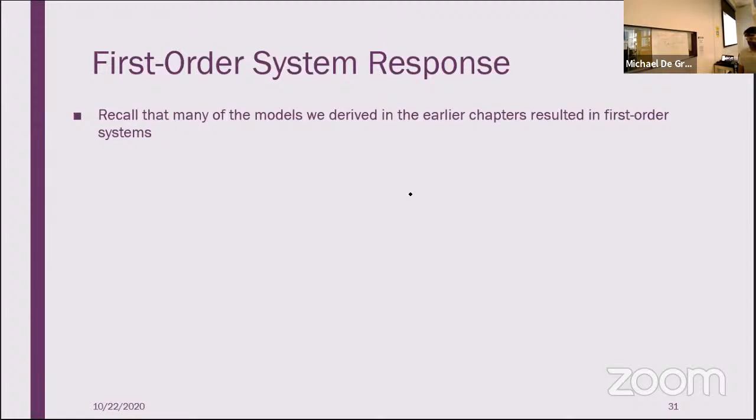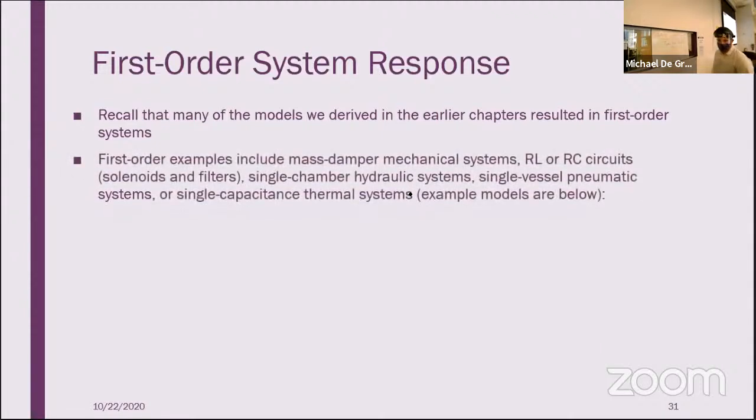When we're talking about circuits, we always had a series of first order differential equations. When we talk about fluid and thermal systems, we tend to keep those in terms of first order systems, right? So there are real life systems that can be discussed as first order.